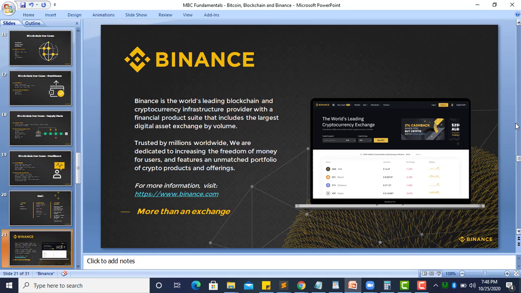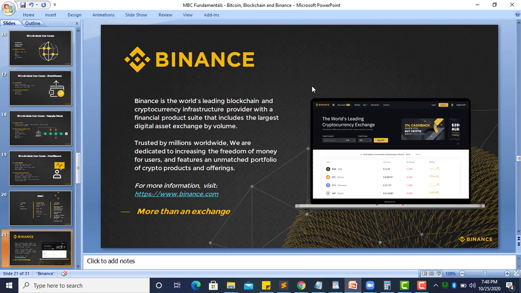So now let's get down to Binance. Binance is the world leading blockchain and cryptocurrency infrastructure provider with a financial product suite that includes the largest digital asset exchange by volume. Trusted by millions worldwide, we are dedicated to increasing the freedom of money for users, with an unmatched portfolio of crypto products and offerings.